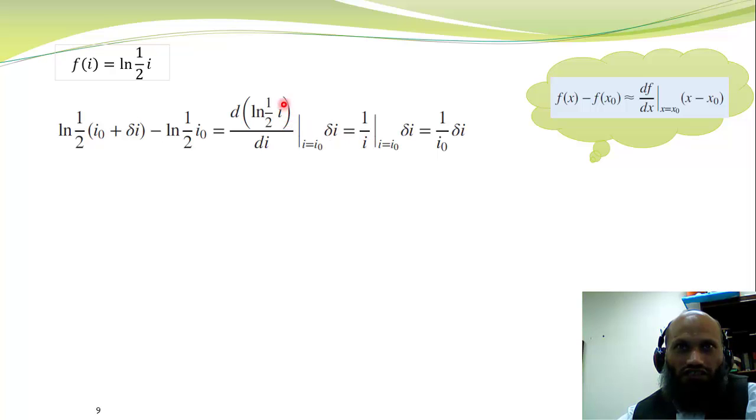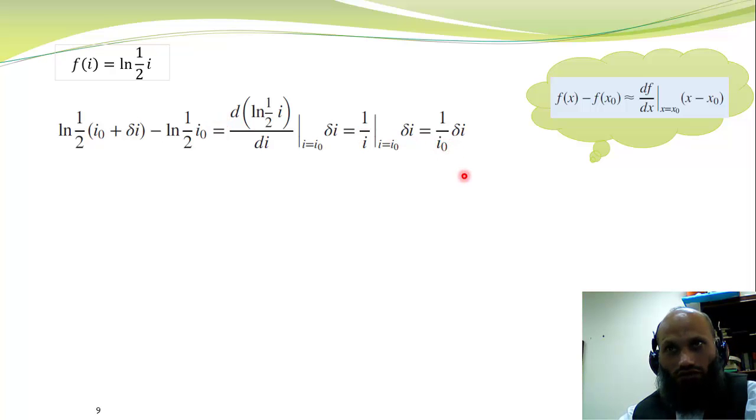So we can take the derivative of this expression with respect to the current, that is 1 over I, and evaluate it at I equal to I naught multiplied by delta I. If we substitute I equal to I naught, we get 1 over I naught into delta I. That is, this is approximately equal to this expression.